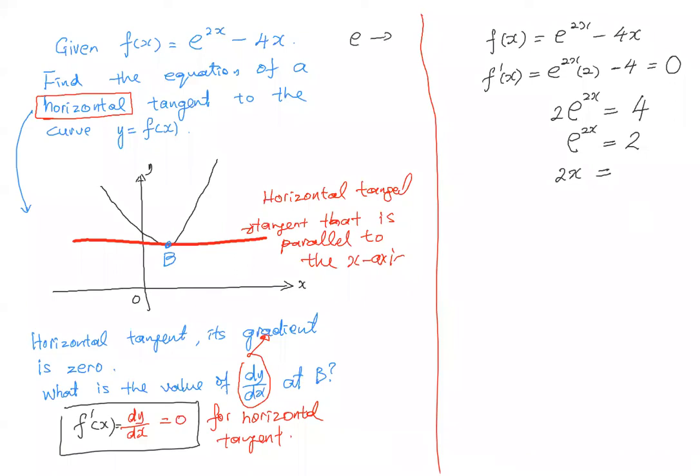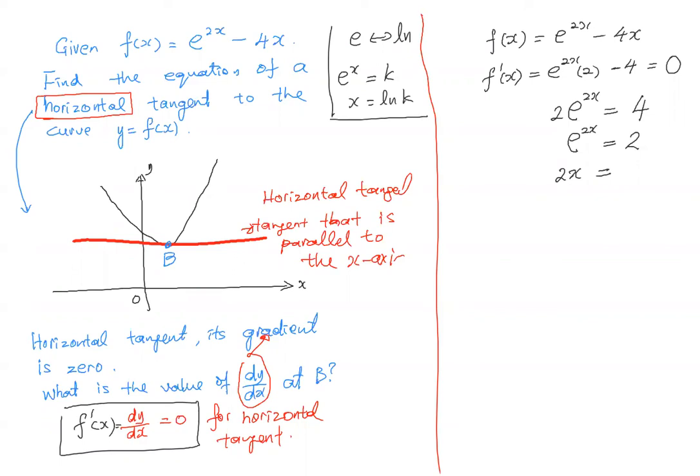E always relates to ln. So you have to remember e to the power x equals k, so x equals ln k. That kind of thing.